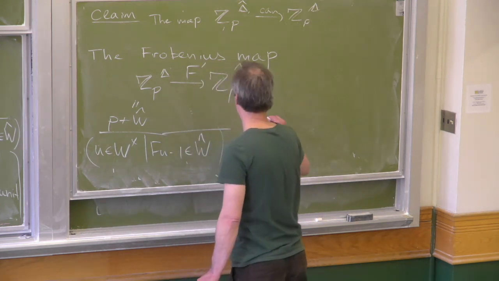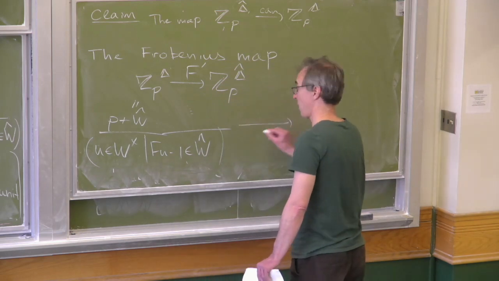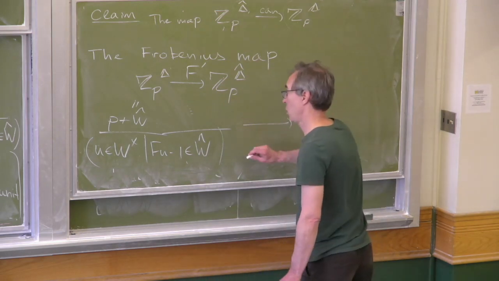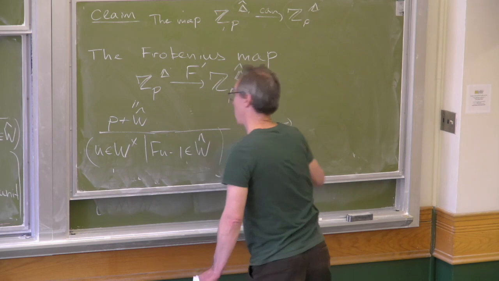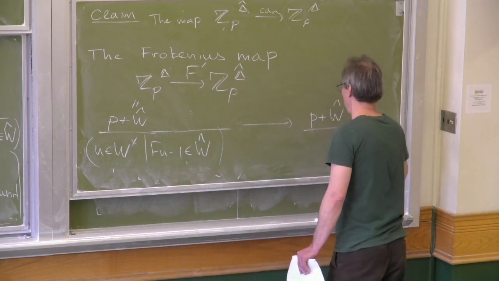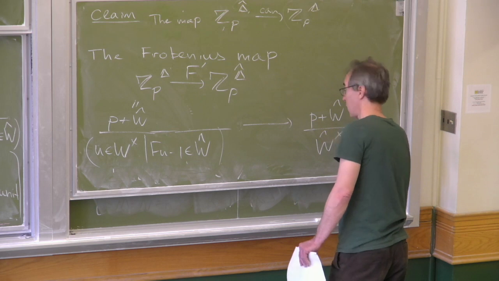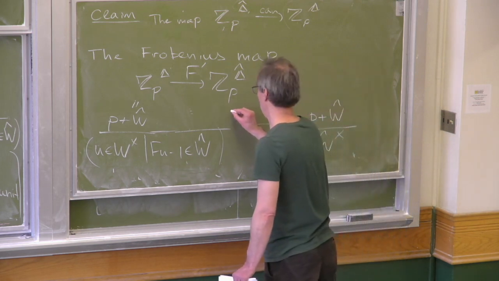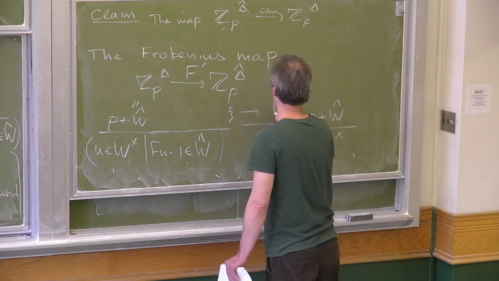And let's observe that we have a map from here to E plus W hat over W hat plus, that just takes c and sends it to its Frobenius.